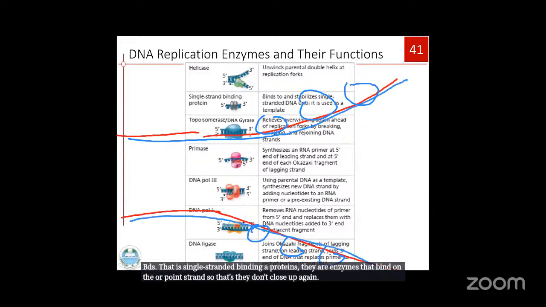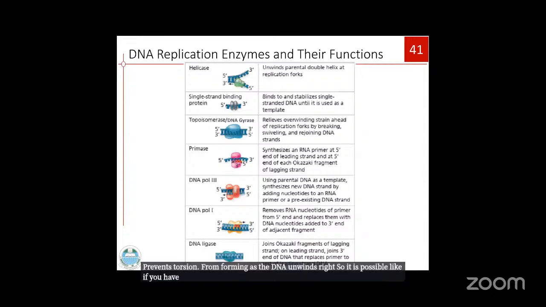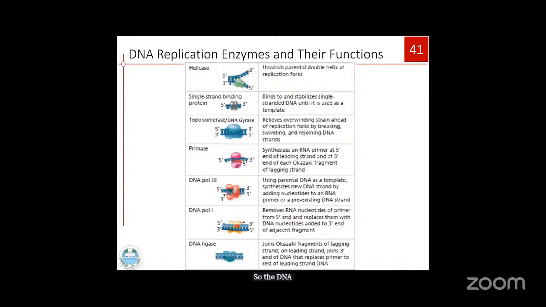Then we have topoisomerases or DNA gyrase. DNA gyrase prevents torsion from forming as the DNA unwinds. It is like a rope: as you are opening it, it's possible that it forms knots.